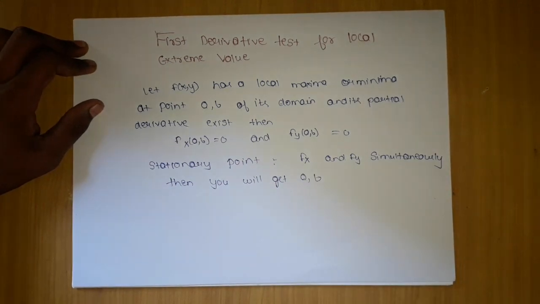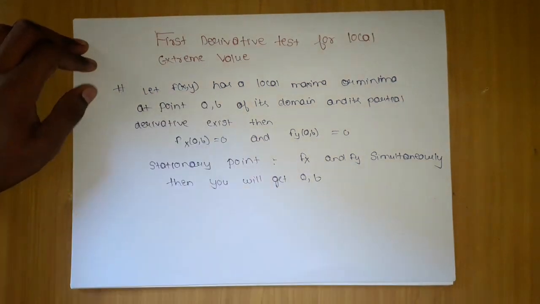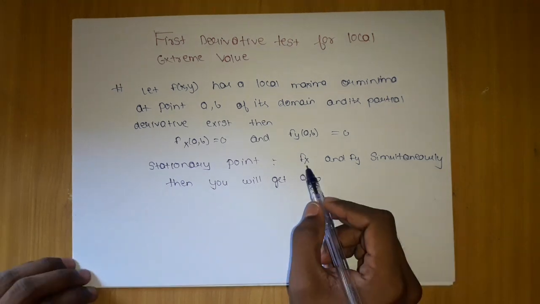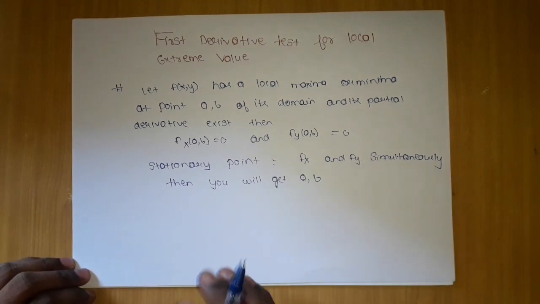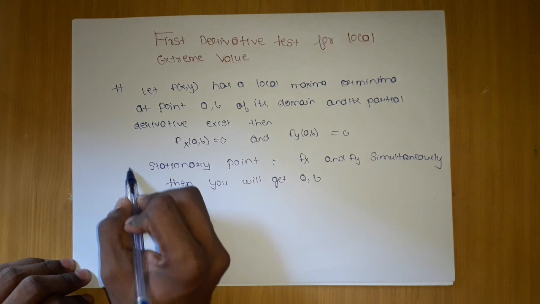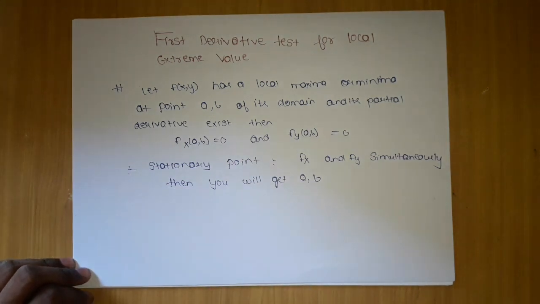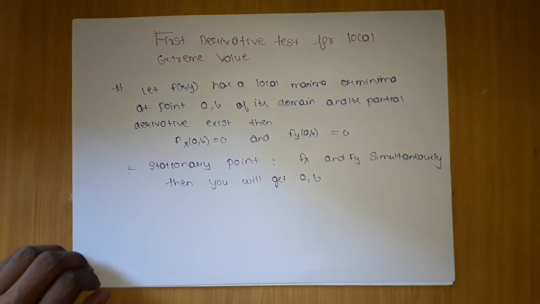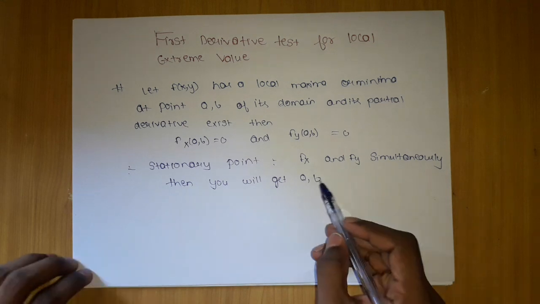As I mentioned, (a, b) is a local maximum or local minimum, but here I am deriving a general statement. Stationary points will be important for you: suppose I give you a function and tell you to find the stationary points, which means finding the maxima and minima points. You have to partially differentiate the function with respect to x, partially differentiate it with respect to y, and then simultaneously solve them to get (a, b).